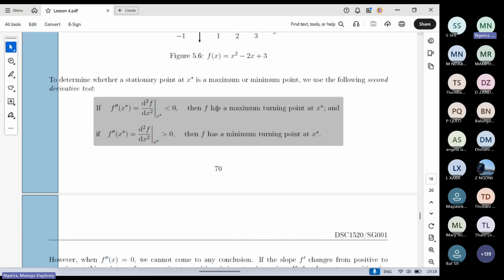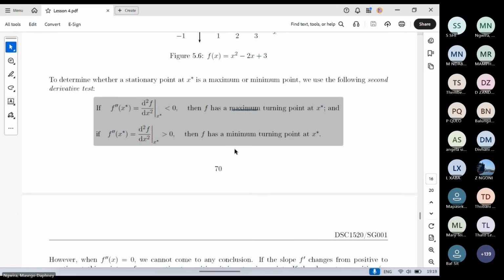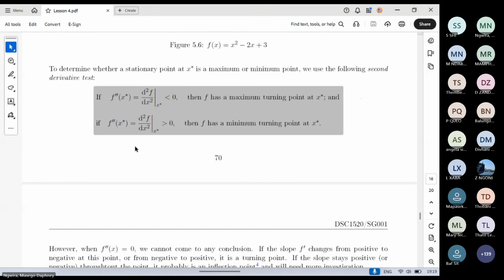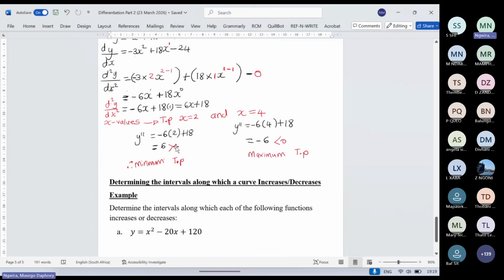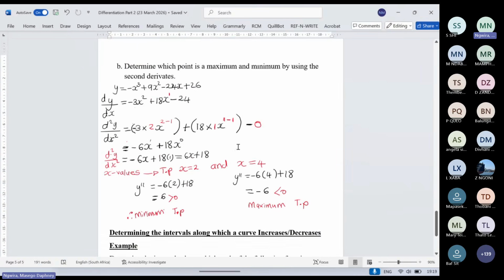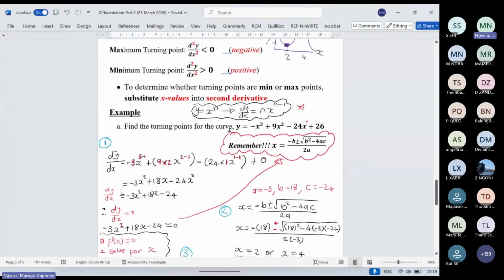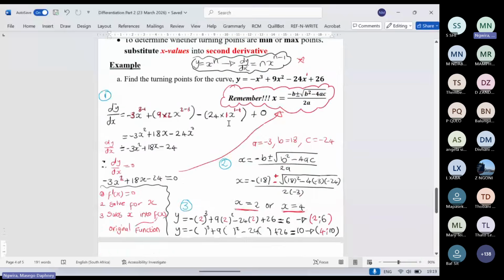Can you see? Maximum. If your answer is greater than 0, then it's a minimum turning point. I hope that we can put it to rest now. Greater than 0, minimum; less than 0, maximum. That's it. So this answers someone's question about the maximum and minimum. I think now we are fine.